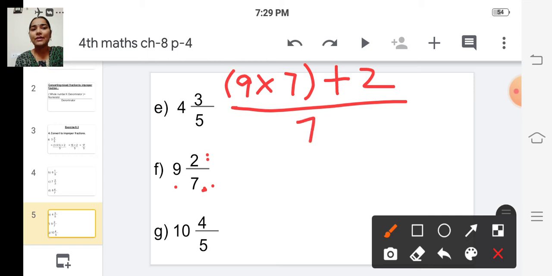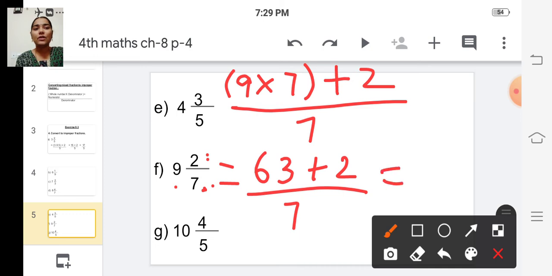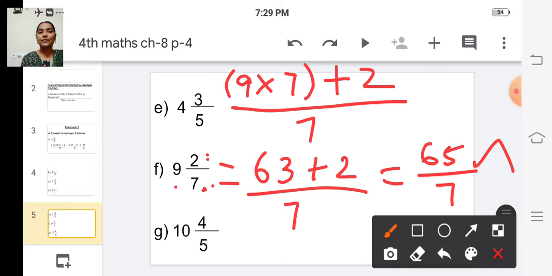Denominator is 7, which is equal to 9 7s are 63. 63 plus 2 divided by 7, which is equal to 63 plus 2 is 65. So 65 divided by 7. Okay, this is the answer.